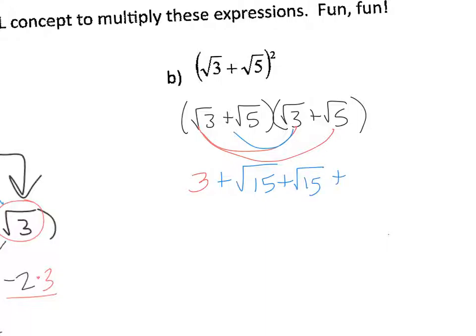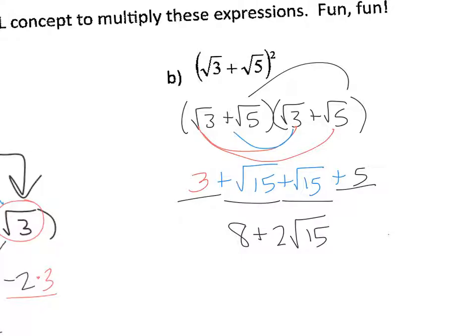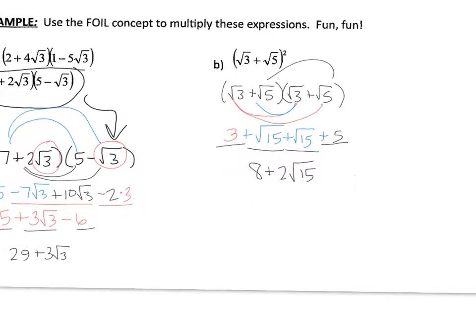And the last term is root 5 times root 5, which is 5. So 3 plus 5 is 8. Root 15 plus root 15 is 2 root 15. So if you have to square it, make sure you write it out twice and then use first, outside, inside, last. Use the distributive property.